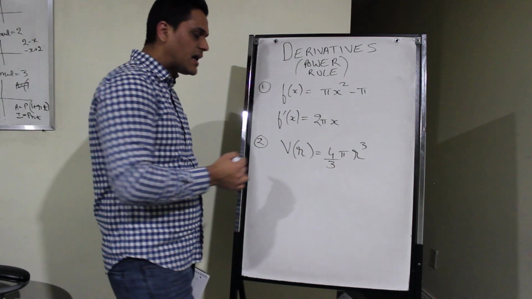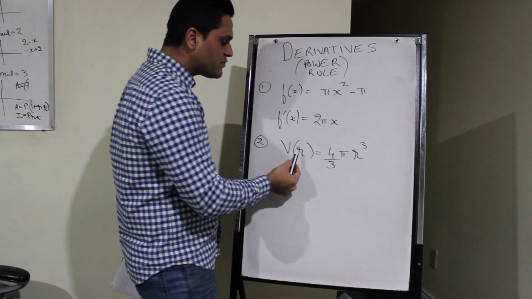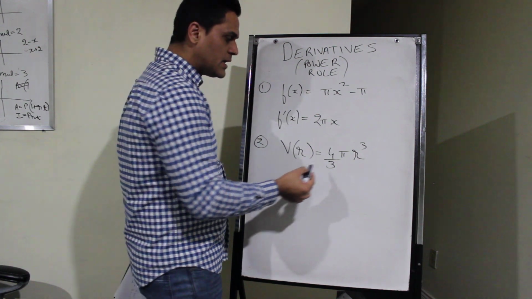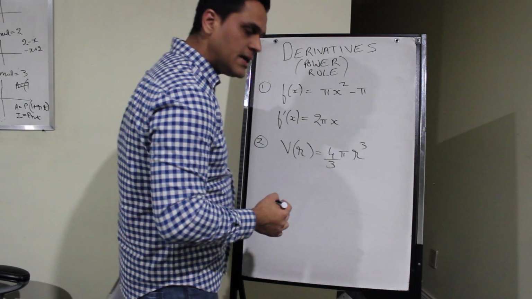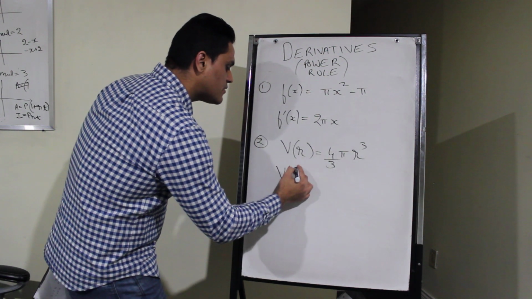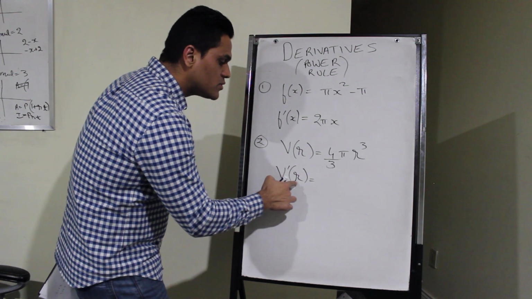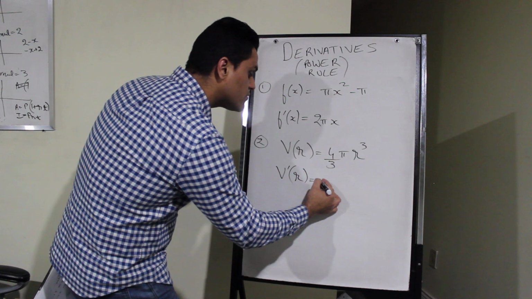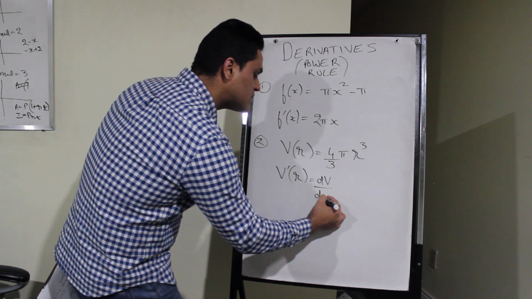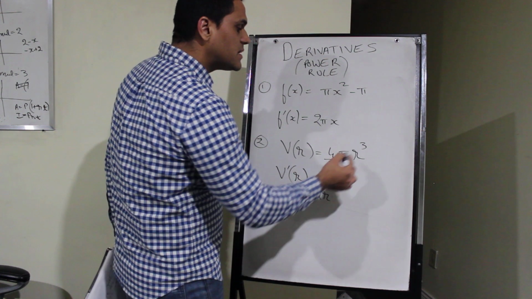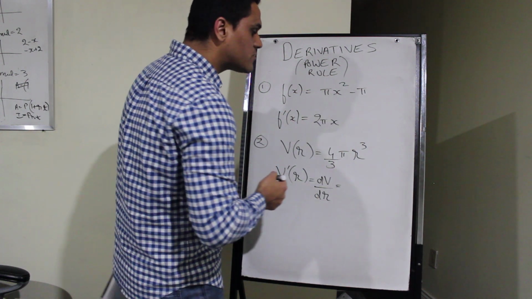Now if I tell you that I have a volume which is a function of r, and it's 4 over 3 pi r cubed, and I ask you to get the derivative of the volume. Now this derivative is going to be with respect to r. You can think of this as dV over dr, and that would just be the same as what we normally do for the power rule.